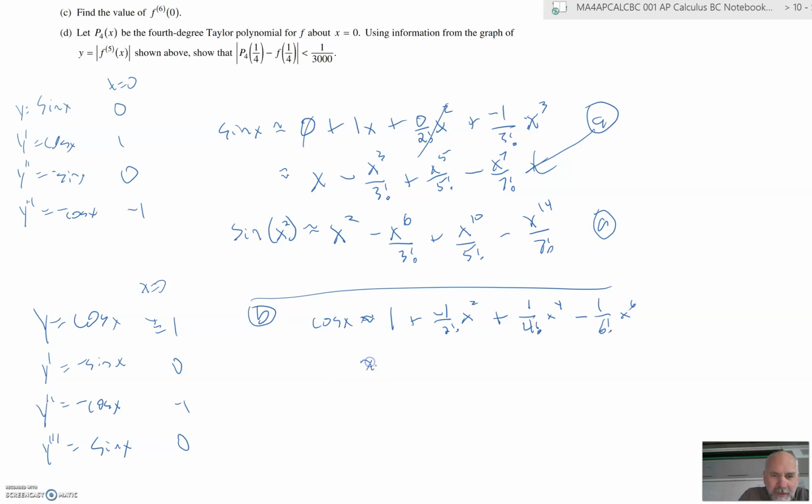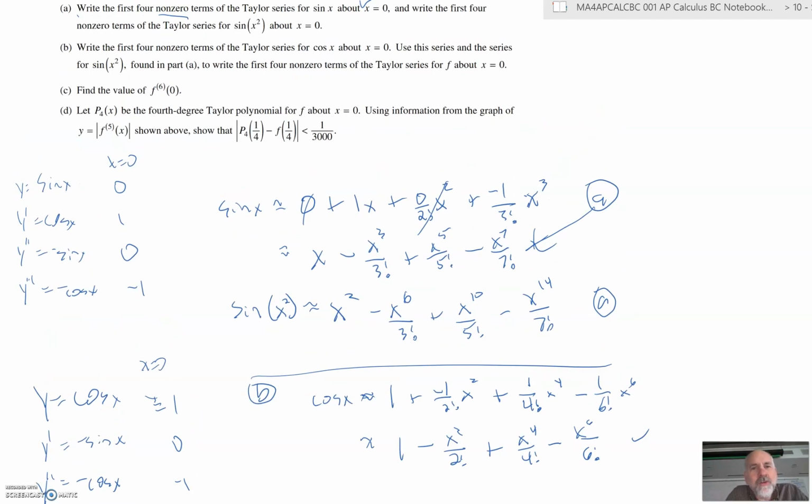So let me just rewrite that. So it's 1 minus x squared over 2 factorial plus x to the fourth over 4 factorial minus x to the 6th over 6 factorial. Done.